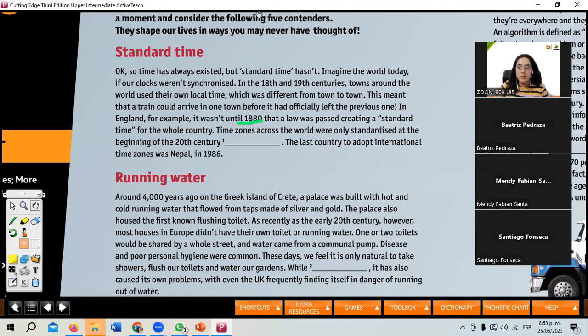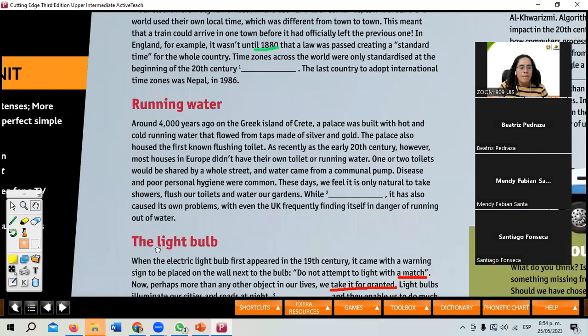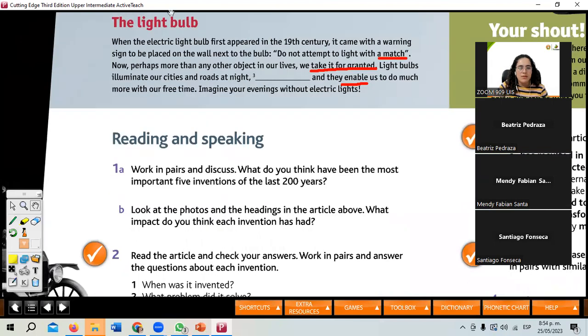Yes, this is the problem, not only for trains, but in general. Each town had a different time. So it was like a mess, it was disorganized. So this is the problem that it solved. It created like a standard for everyone to know what is the time. All right, good. Thank you, Mandy.